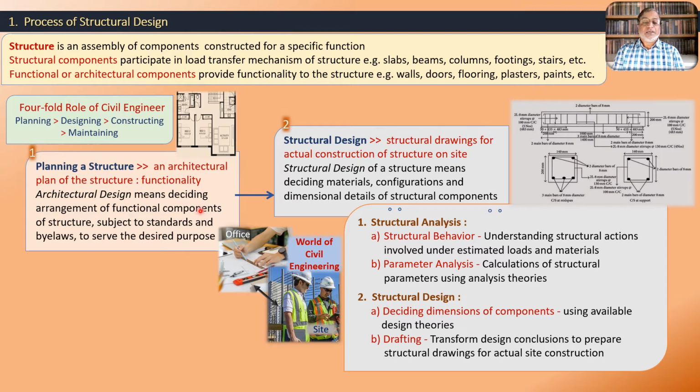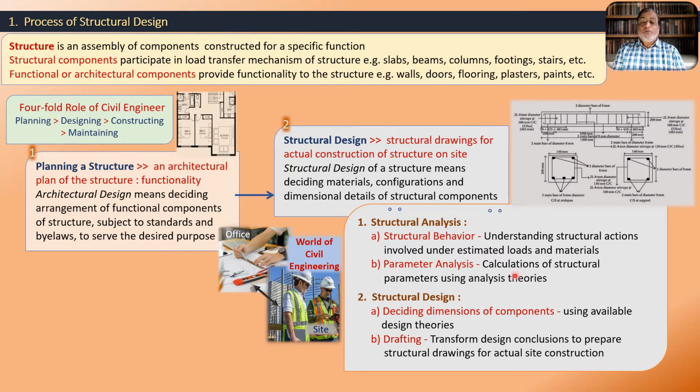All this work is done in the office obviously, and nowadays we are using different software also to help the engineer do these calculations faster. Then the second part: after doing the calculations and coming out with the dimensions of the beams, the engineers have to transform the design conclusions to prepare structural drawings for actual site construction.